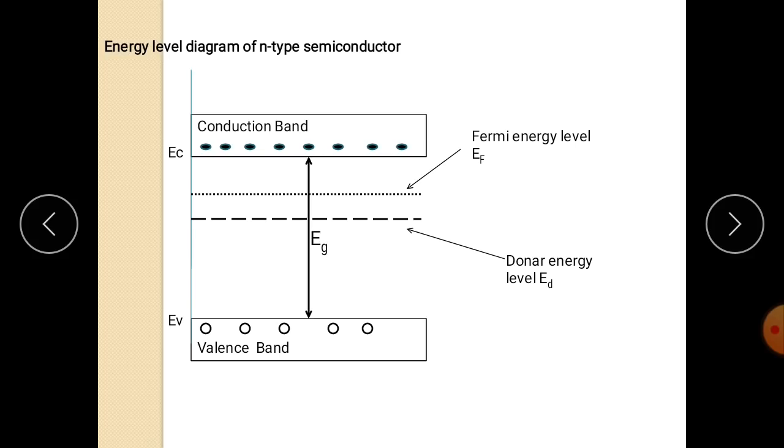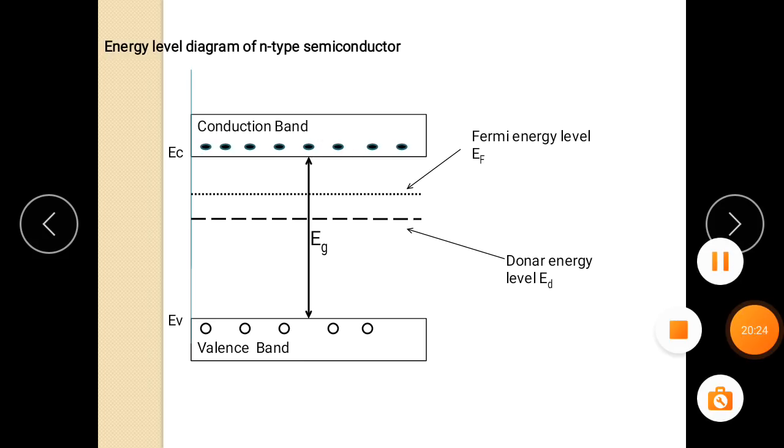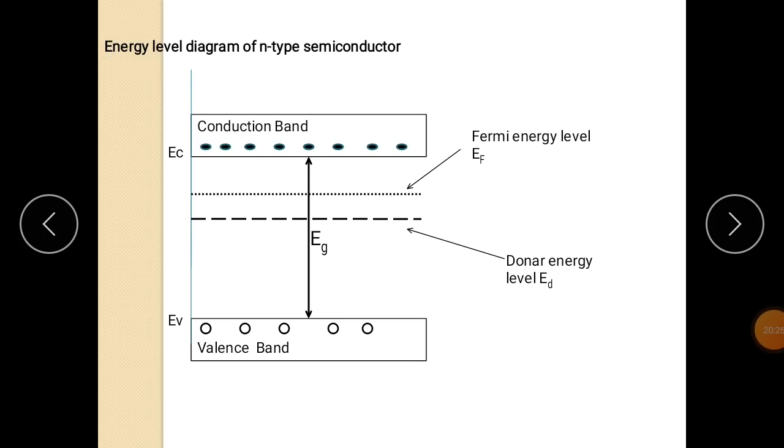This is the energy level diagram of N type of semiconductor. In this diagram, the bottom level band is called the valence band, the top level band is the conduction band, and the difference between the valence band and the conduction band is called the energy forbidden gap, denoted by Eg.